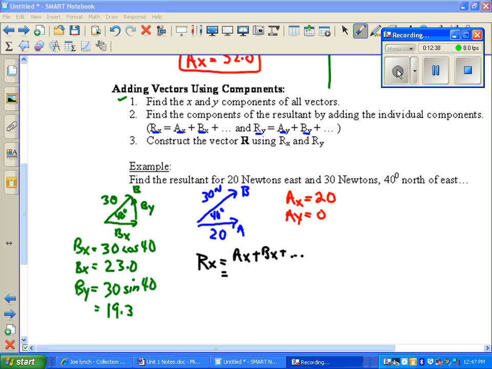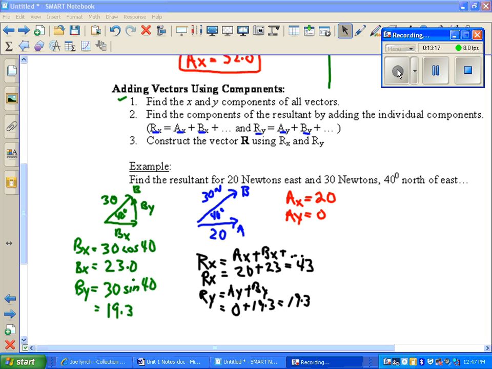For this one, AX was 20 and BX is 23, and that gives me a value of 43 for my Rx. Ry is going to be AY plus BY, which is 0 plus our BY of 19.3, and that gives me a value of 19.3. So we've done the second step. We found Rx and Ry.